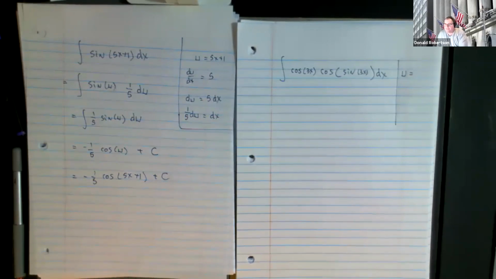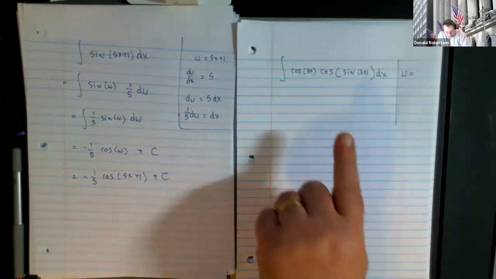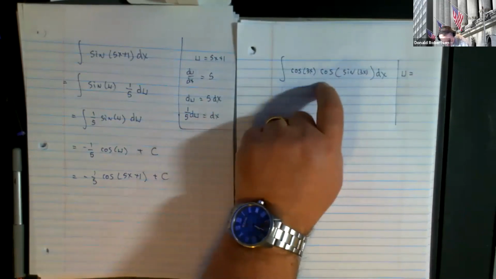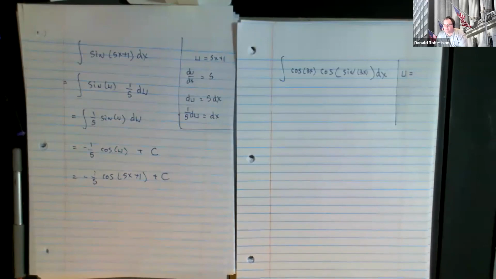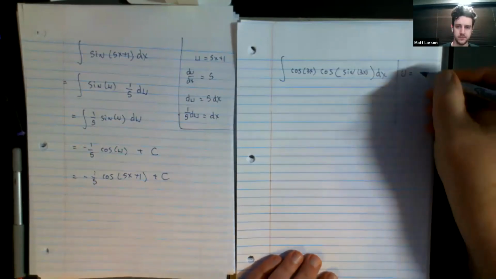I need a u sub. And that's not the cosine times this, that's the cosine of the sine of 3x. Who's our u sub? Sine 3x. Yes.